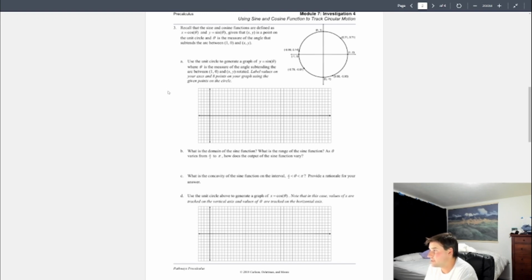The domain, which is the x, since the angle is the input, it's 0 to 2 pi.